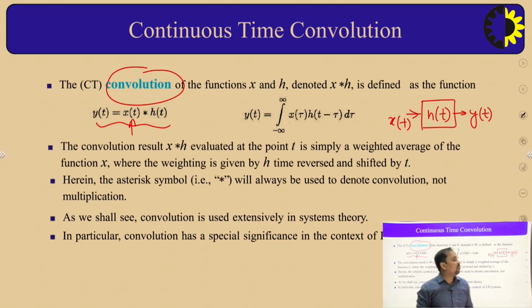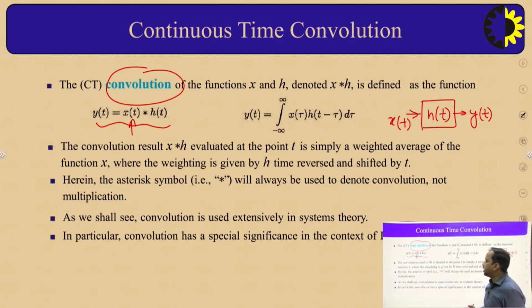Likewise, we have a definition for step response also: when x(t) is a unit step signal, the output y(t) can be denoted as s(t), which is the step response. We can calculate s(t) as h(t) convolution with u(t), because instead of x(t) we have a unit step signal.